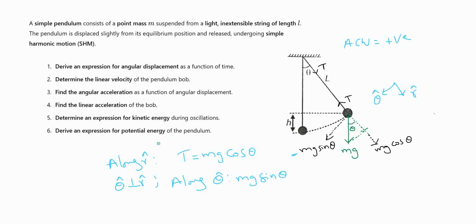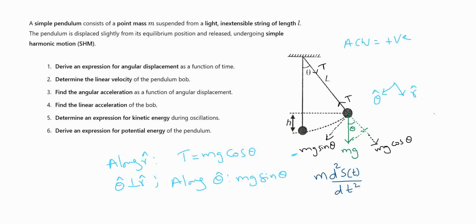Now let's write Newton's second law. We get ma equal to force, that is m d squared s of t by dt squared equal to minus mg sin theta, where we consider displacement as s of t.